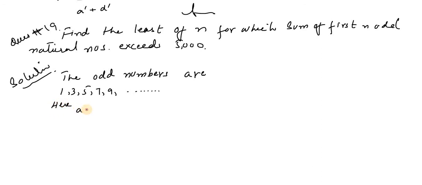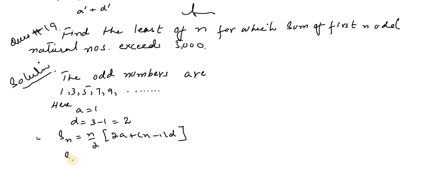Here a is equal to 1 and the difference is 3 minus 1, which is equal to 2. And thus we know that the sum of n terms, Sn, is equal to n upon 2 into 2a plus n minus 1 of d.